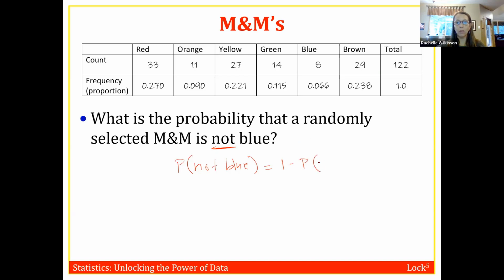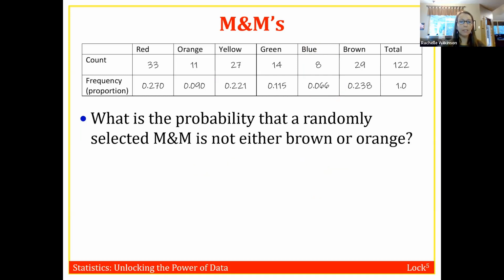So in this case, 1 minus the probability that we do get blue. So here I'm going to take probability of blue was 0.066. So probability of not blue is 1 minus 0.066, which is 0.934.